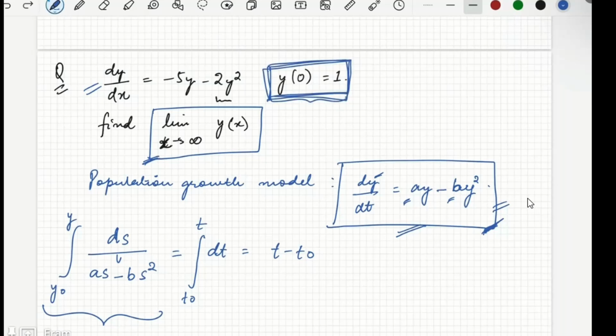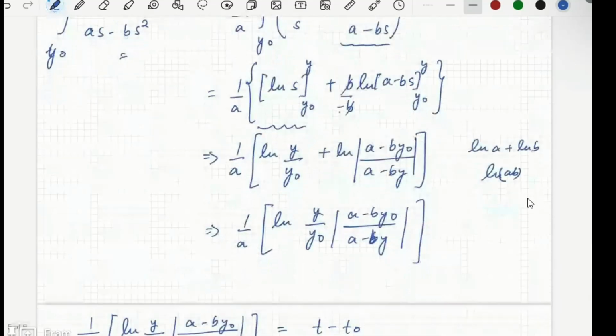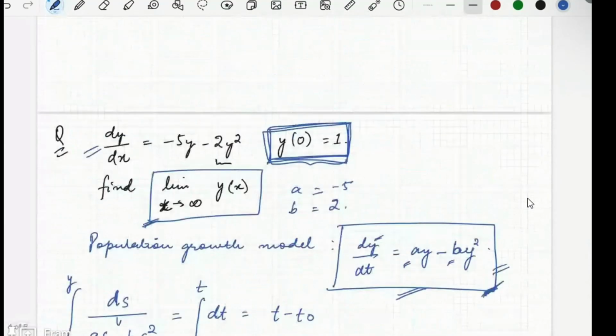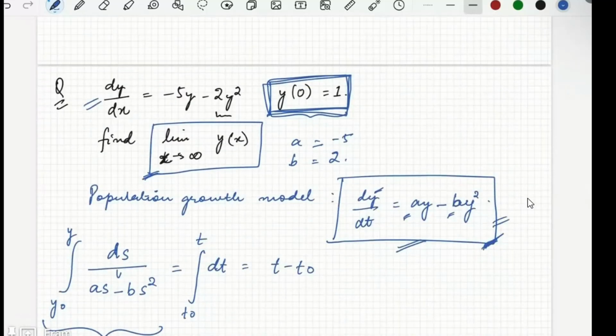Okay, so a in our case is -5, b in our case is 2. So what is the limit? It came out to be a by b. So the limit a by b is -5 by 2.